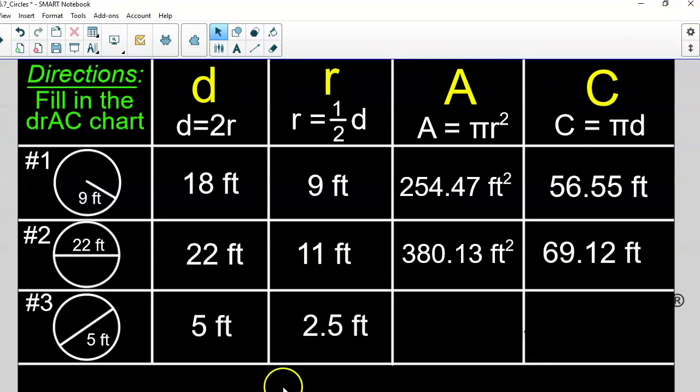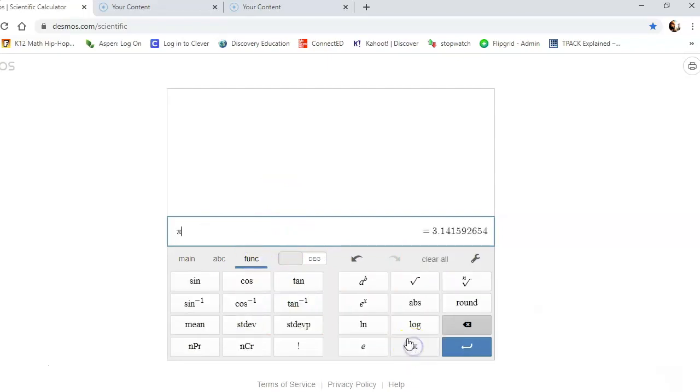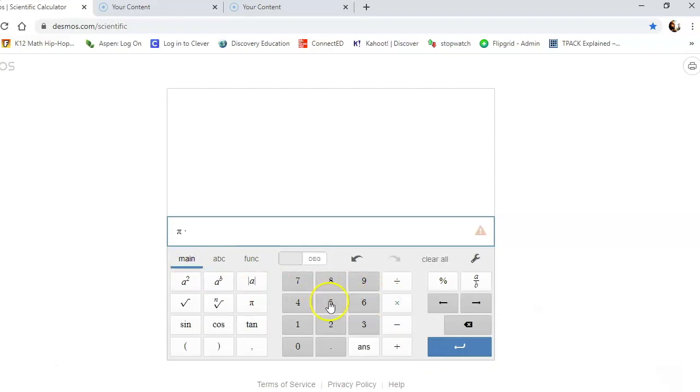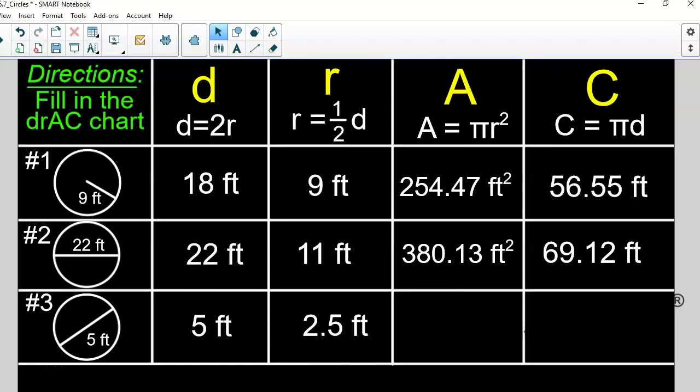Let me clear this. Pi times the diameter, times 5, 15.71. So we had 19.63 here and 15.71 there.